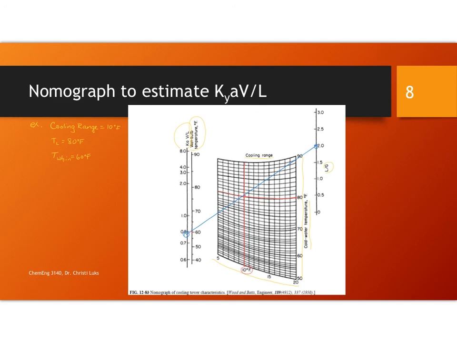Reading this, L over G is very approximately 2.25. Kg V over L is approximately 0.77. So it's a quick way of getting these answers.